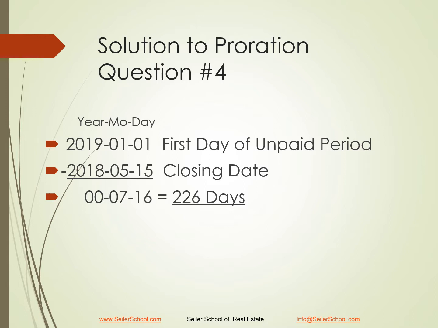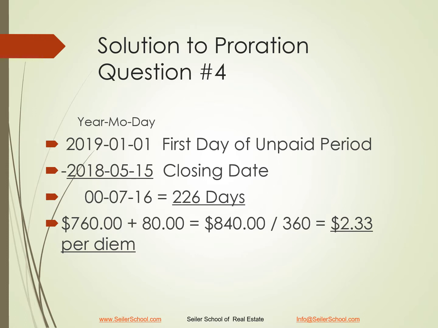Since we borrowed from the month column, that 01 now becomes 0, and we can't subtract 5 from 0, so we go over to the 2019 and borrow 1 year, which is 12 months. So 12 minus 5 equals 7 months. Because we borrowed a year from the 2019, that becomes a 2018, minus a 2018 is 0 years, 7 months, 16 days. 7 months times 30 days plus 16 is 226 days.